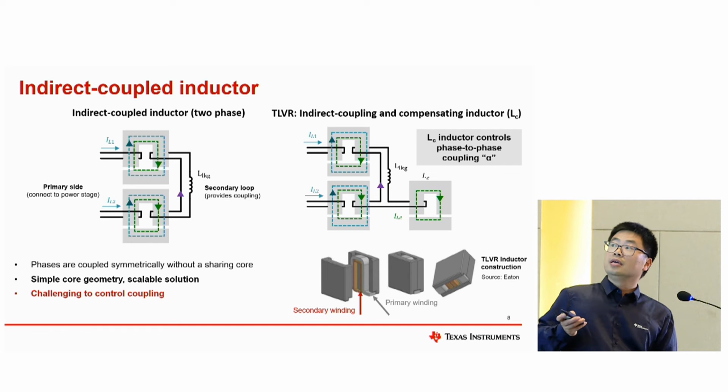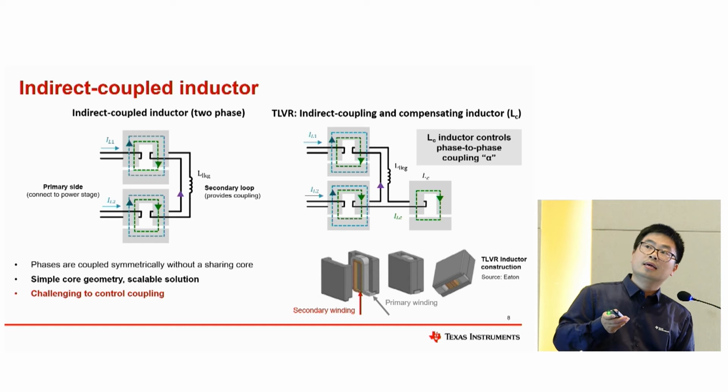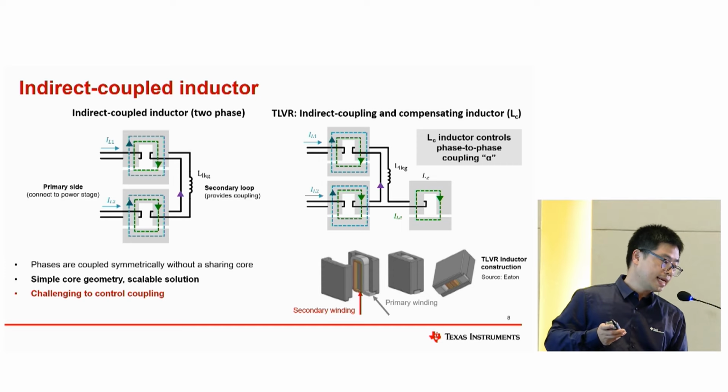So without this compensation inductor here, the current in the primary side will be very high. So we need to use this compensation inductor here to limit the magnetizing current in the primary side.